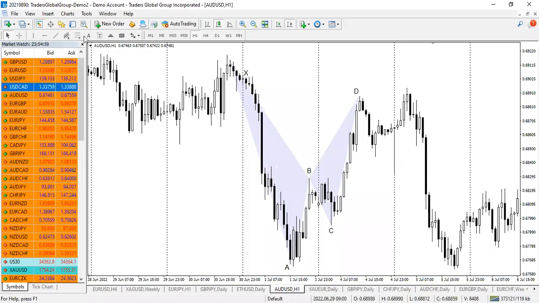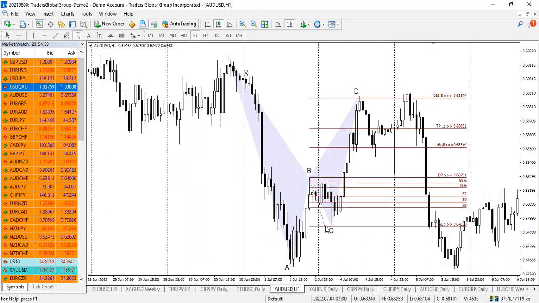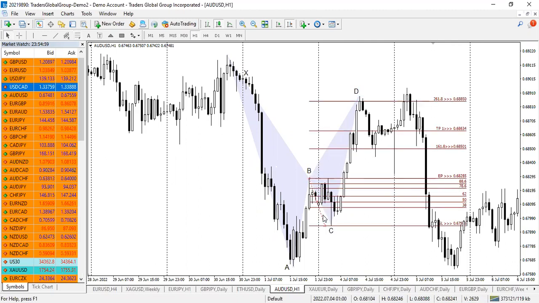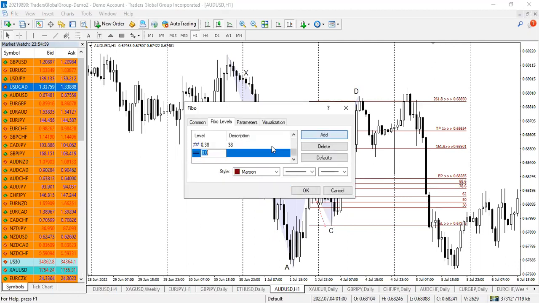Do I have 127 to 161.8 on my Fibonacci? If I don't, I'm going to add it. So let's go here. Let's add 1.27. Here we have 127. I already have 161.8, so I don't need that again.